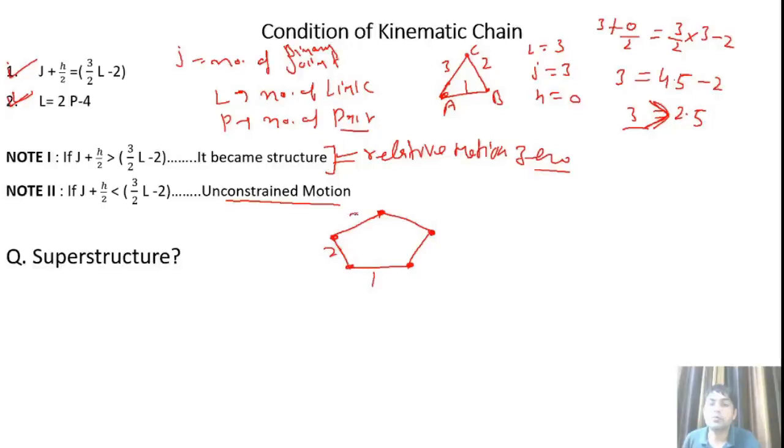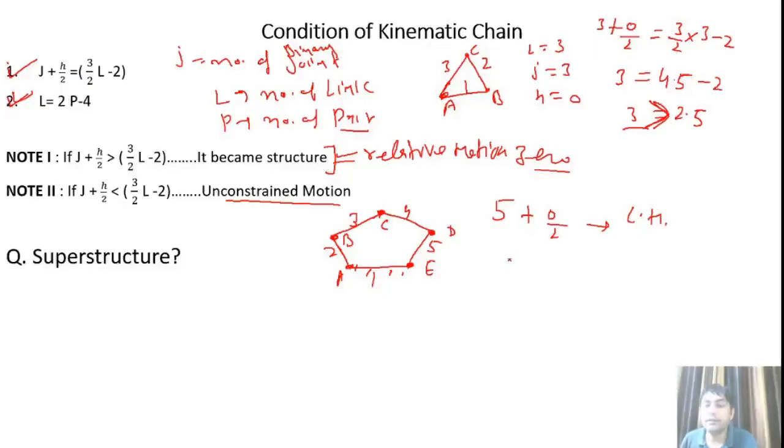One, two, three, four, five links. Number of joints: A, B, C, D, E, that is 5. Joint is equal to 5, higher pair 0 by 2. This is our left hand side.